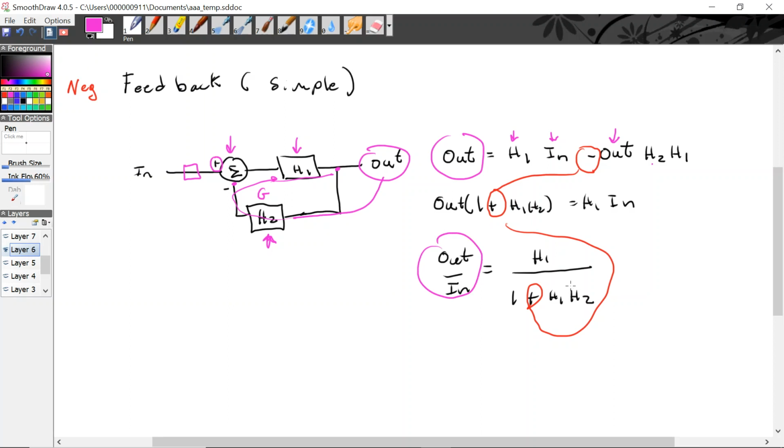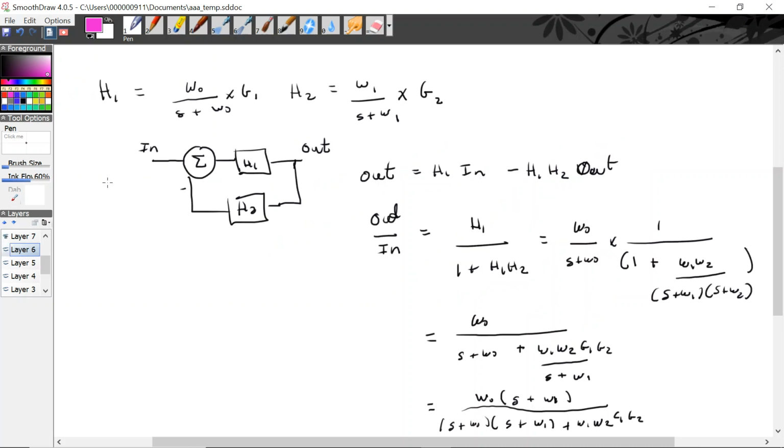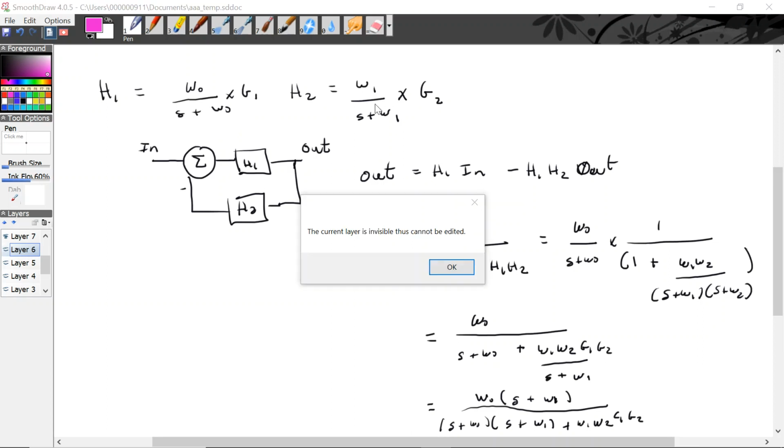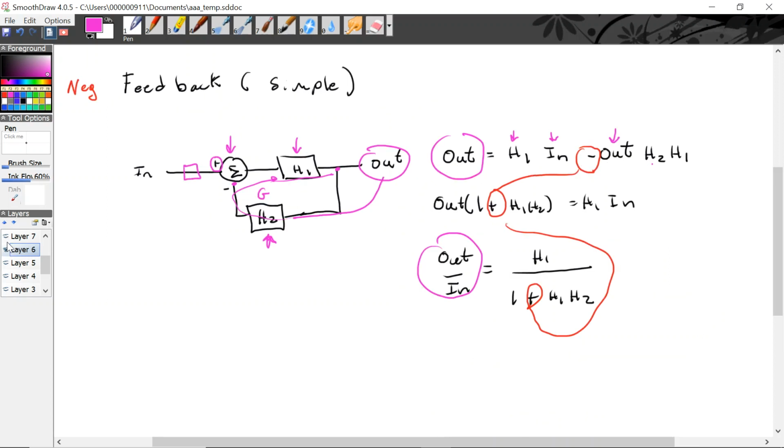You can have systems with multiple feedback paths, but this is what we're going to talk about just now. So let's do an example where H1 is omega naught divided by s plus omega naught times a gain, and H2 is the same, but with a different cutoff frequency and a different gain.